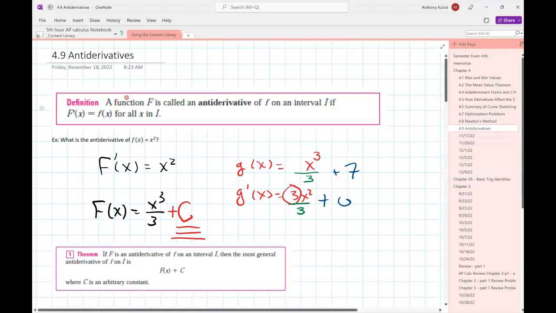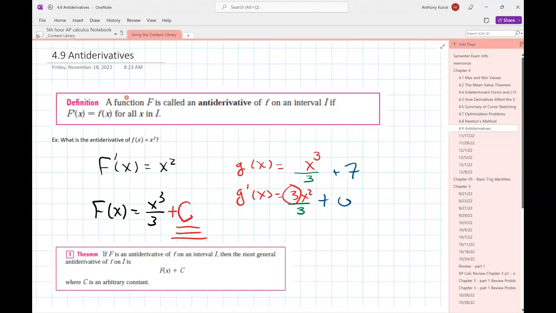It is not correct if you do not write the plus c. When we're asked to find the antiderivative and you're given no other information other than the derivative, then yes, they must have a plus c. We'll see instances later on where we can actually figure out what the c is because we're given more information.